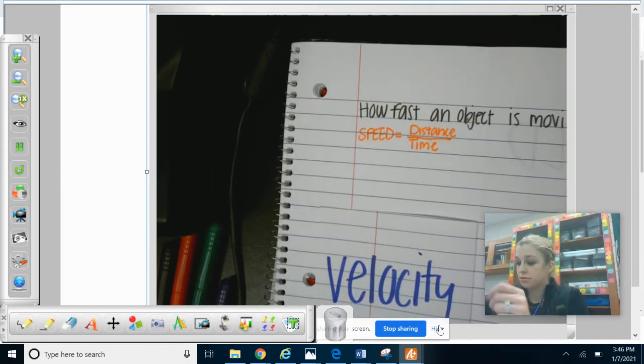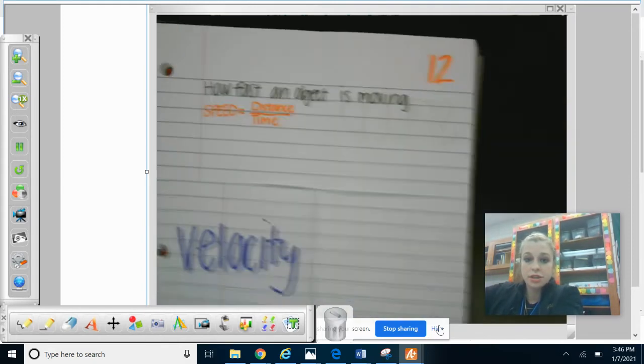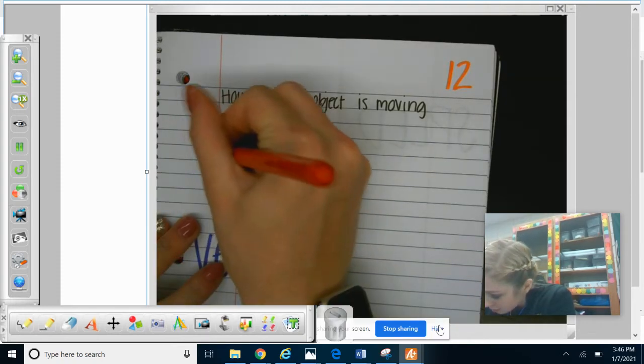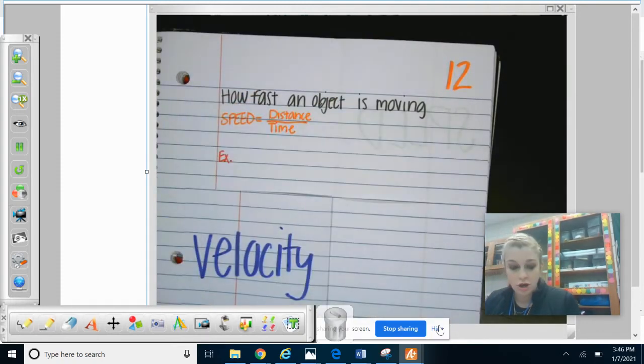You can measure distance in meters, kilometers, miles, yards. Time could be in seconds, hours, minutes. So speed can be in a lot of different units. Let's do an example. All right, so our example is going to be about Bob every time.